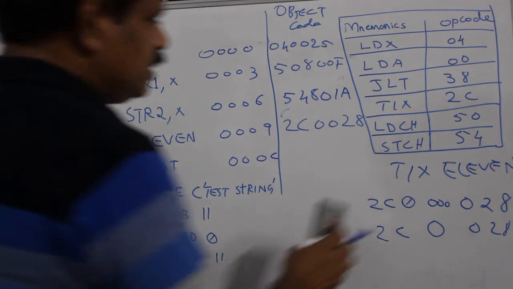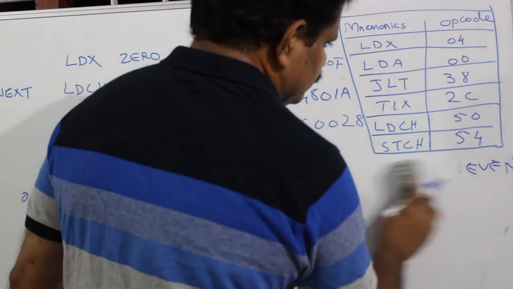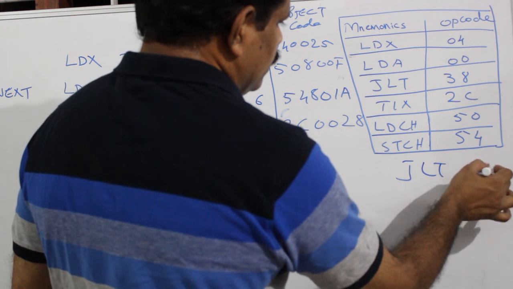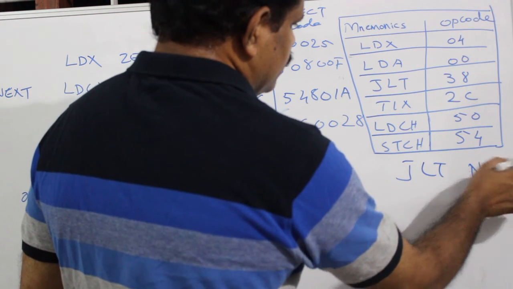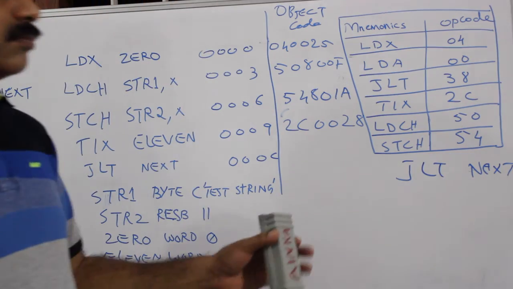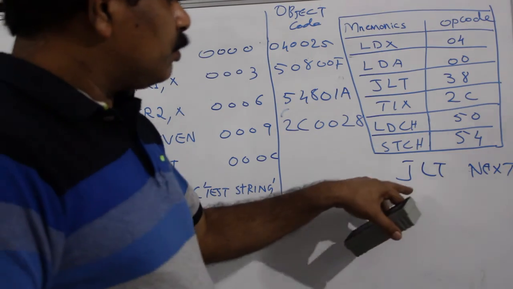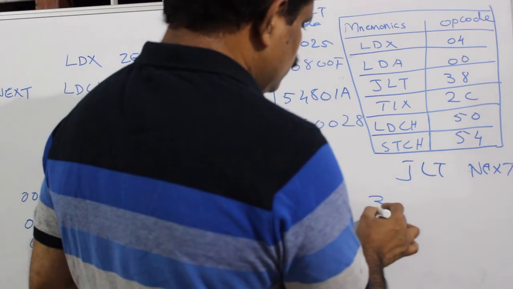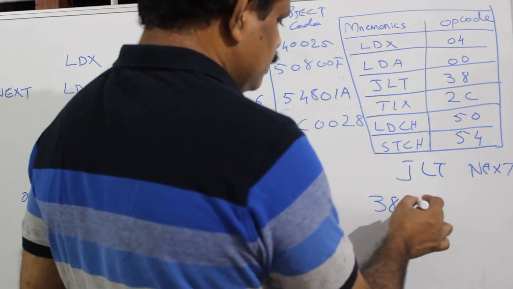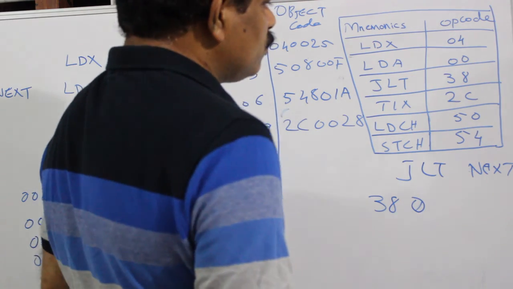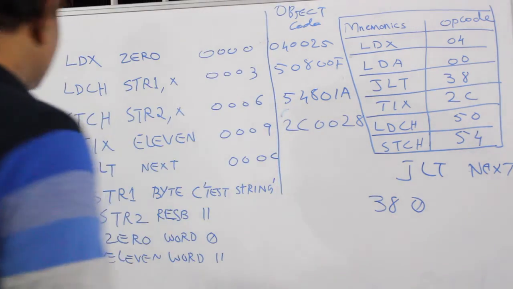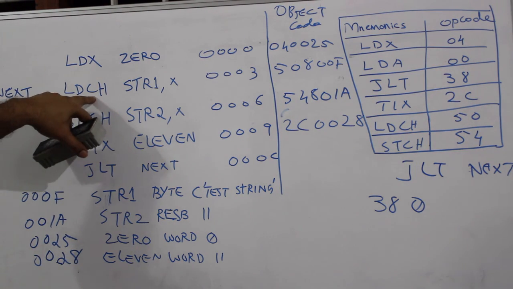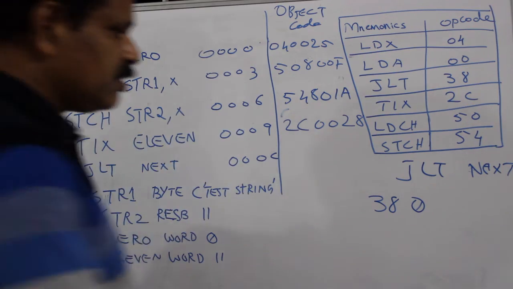Then what about JLT next? What is the opcode of JLT? It is 38. Which is direct addressing, so x is 0. Then the address of the next is the address of this instruction, it is 0003.